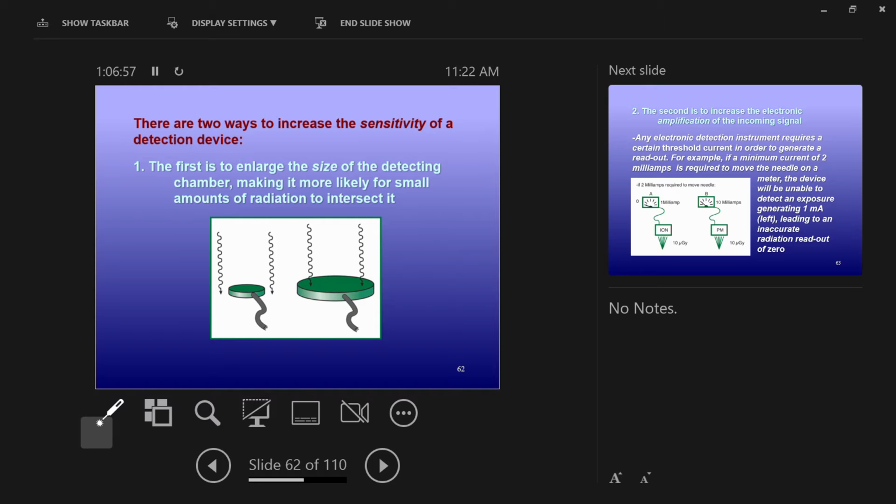With the larger detector, both of those photons happen to hit it. The smaller detector would tell you there's no radiation present. The larger detector would tell you there were two photons, two ionization events could have happened. More possibly, but the important thing is two photons of energy hit that detector.